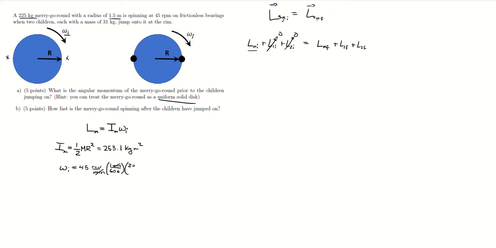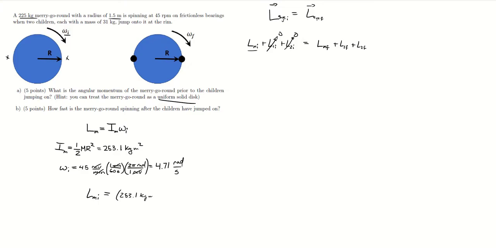And then knowing that there are 2 pi radians in 1 revolution, that would cancel the revolutions. That gives us what our angular velocity is prior to those children jumping on, and it equals 4.71 radians per second.